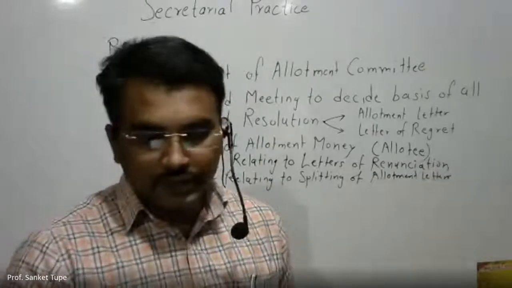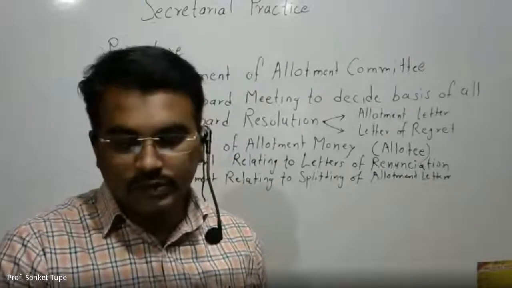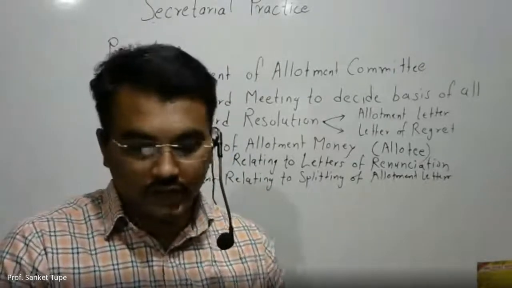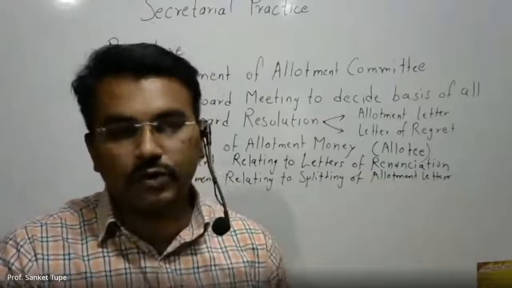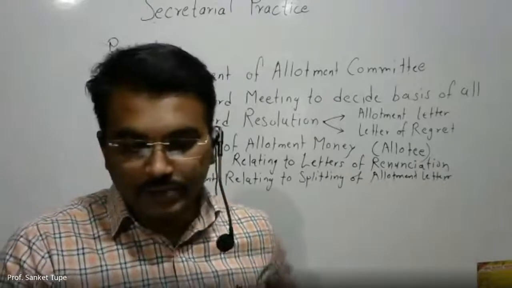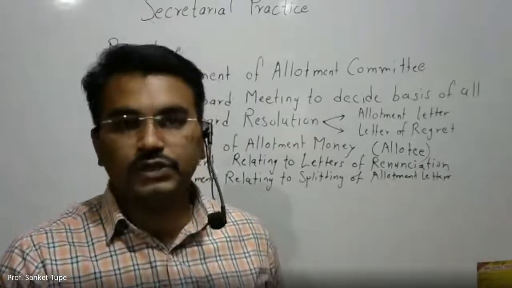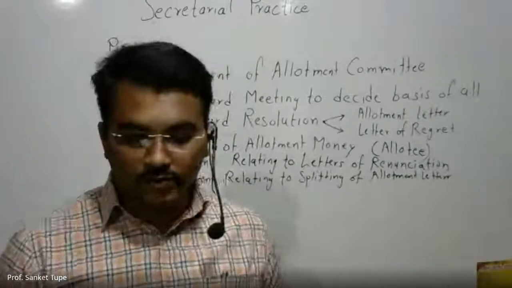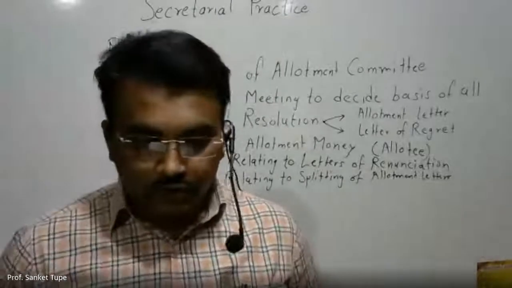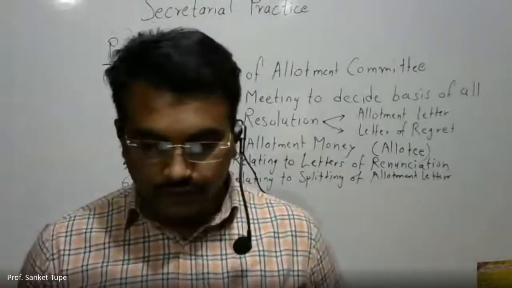Sometimes an applicant who has been allotted shares can request for splitting of allotment letters, meaning dividing. Splitting means putting the shares in one or more names. That means he divides that particular number of shares among different persons. So he can request for that particular form.